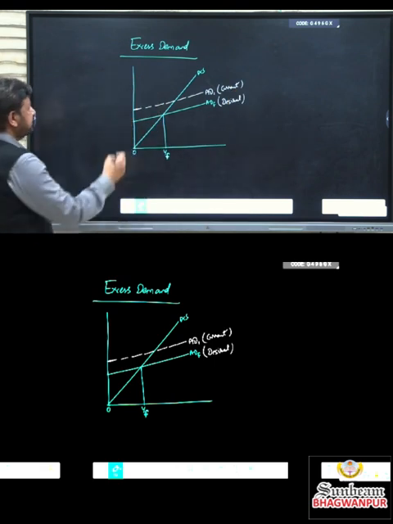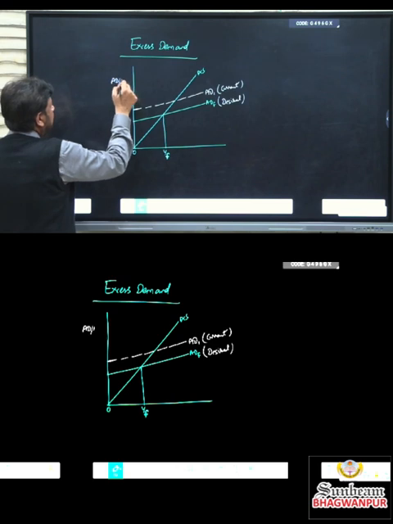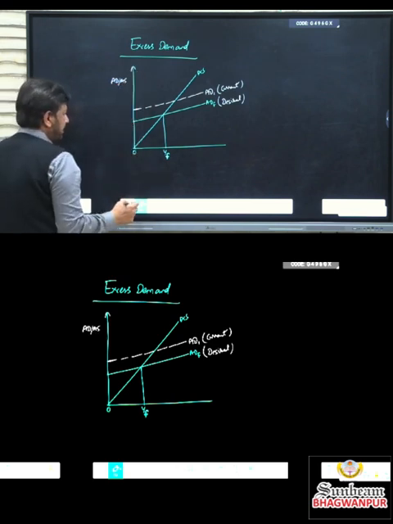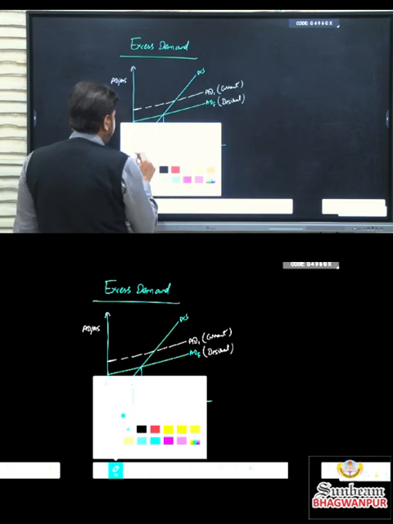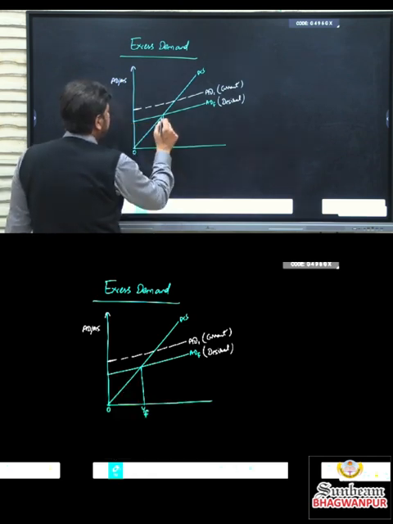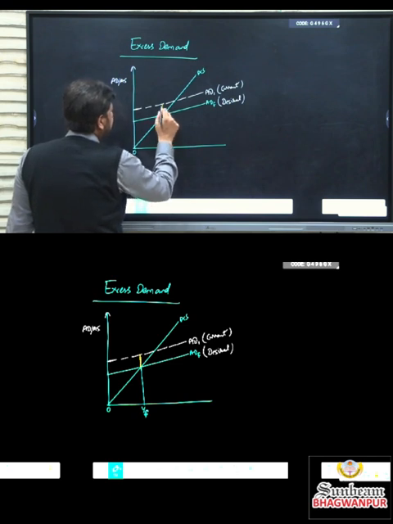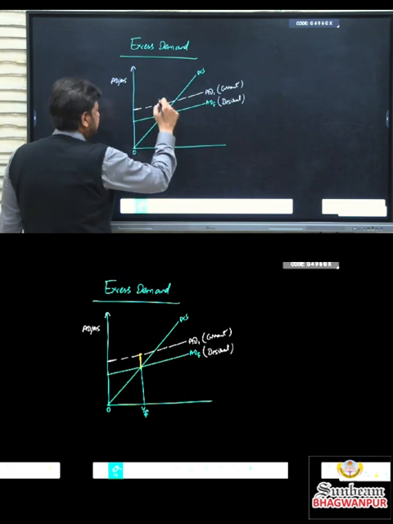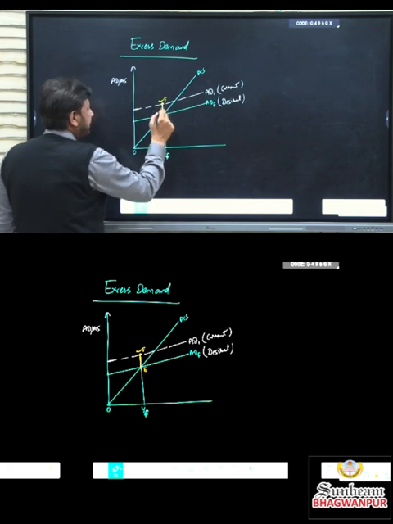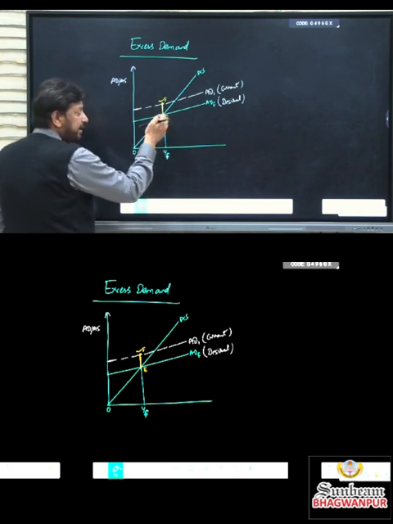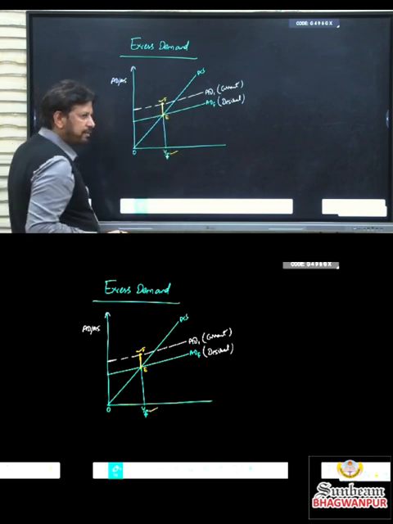So in this case you can see that at the full employment level of income, desired AD से actual AD ज़्यादा है. This is your current AD, this is your desired AD. Current AD desired AD से ज़्यादा है. कहाँ पे? Full employment पे.